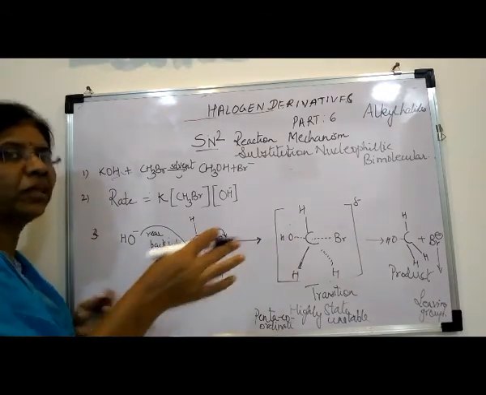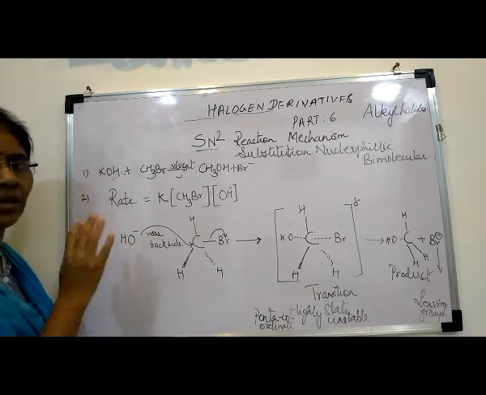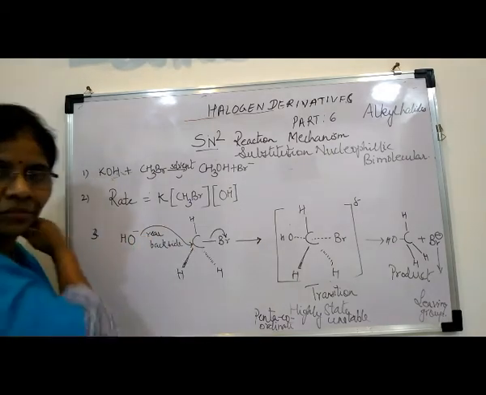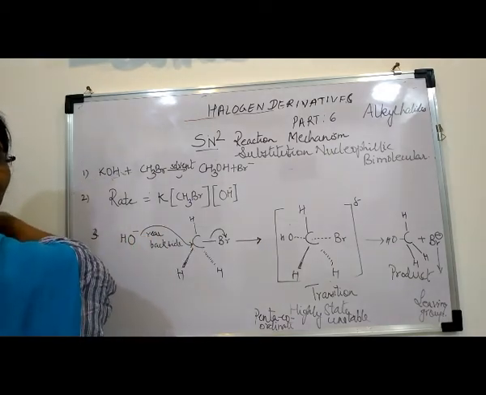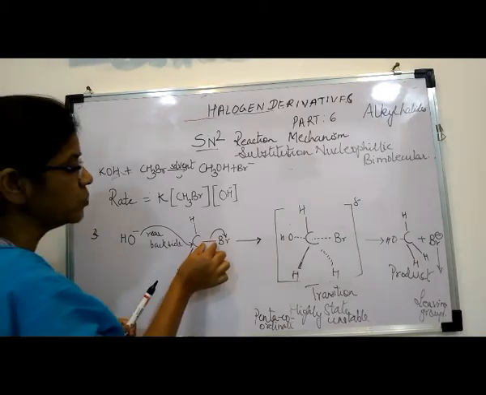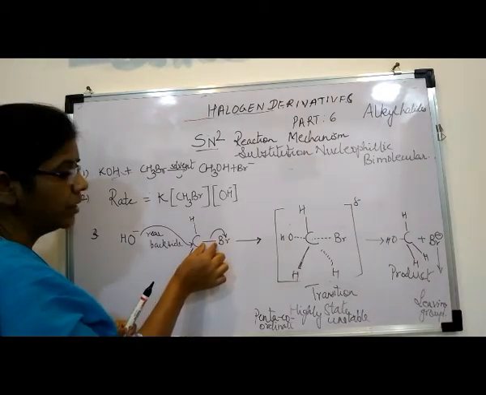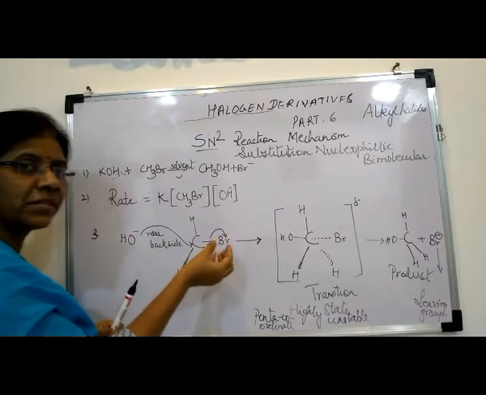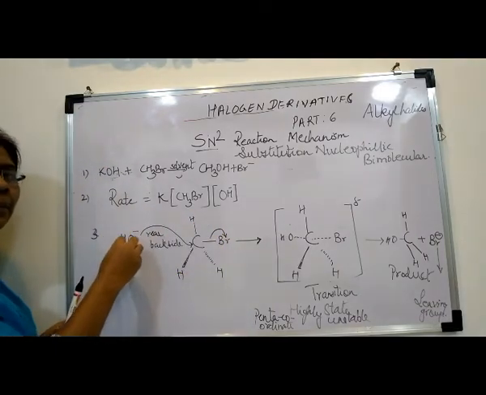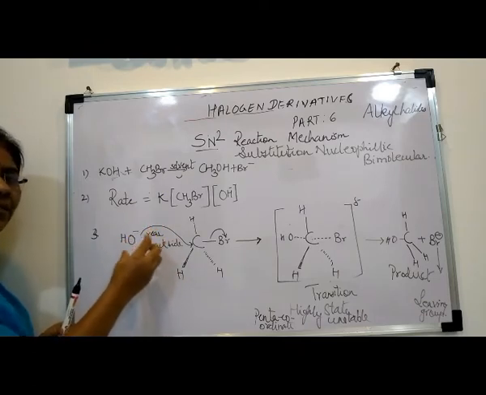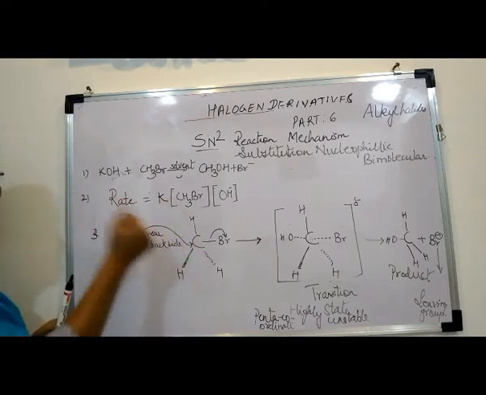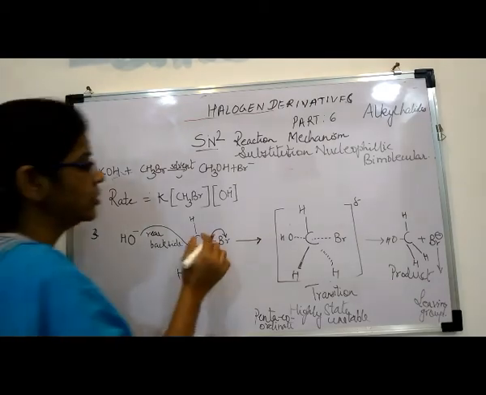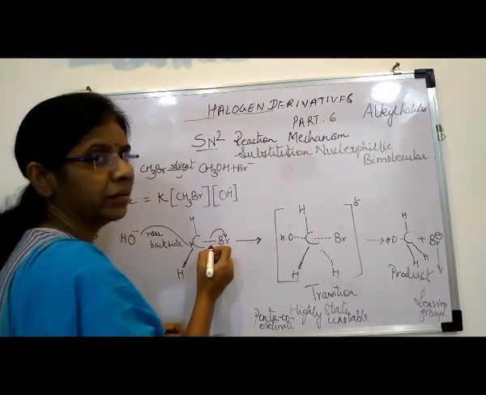It wants to free itself, you can say in short, and therefore it will try to loosen this bond, and in that process it will try to make a certain place for the other nucleophile to attack that carbon, correct? So this bond will be weakened.